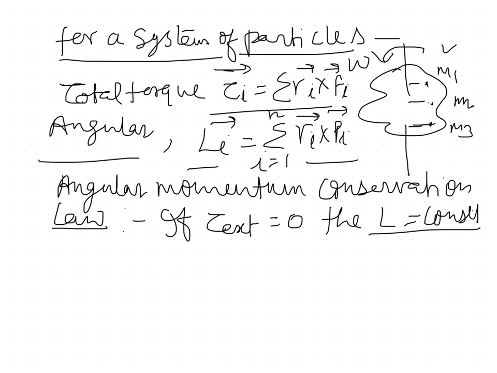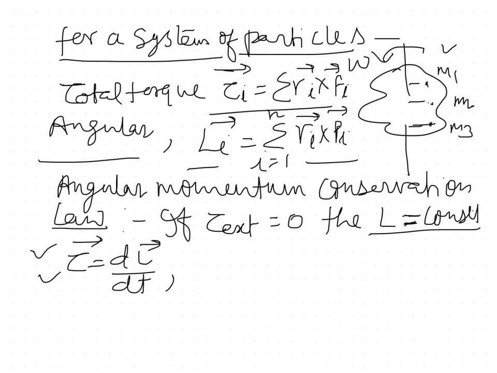So this angular momentum is also defined by the product of moment of inertia and angular velocity. This can be proved by using the relation between torque and angular momentum, that is tau equal to dL over dt. That is our relation.